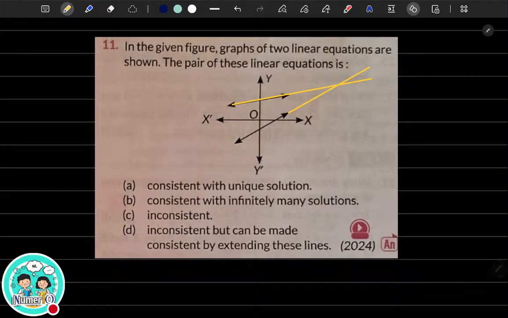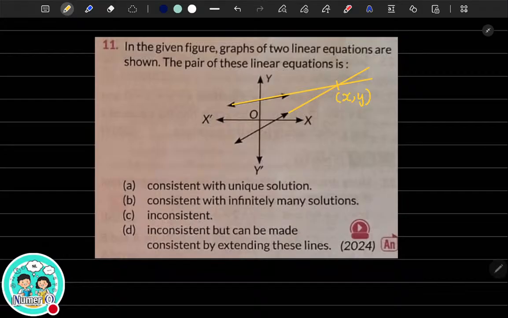If I extend the two lines, they intersect each other at a unique point. Am I correct? So it is a solution. This particular point, probably say x comma y, is the solution of this particular pair of linear equations.